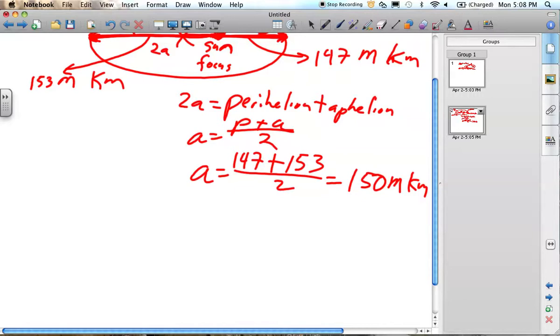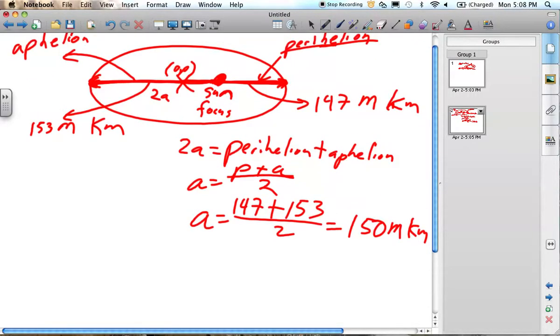Now, what we need to do is find either B, or C, which is the distance from the center to the focus. We have A, which is the distance from the center out to here.